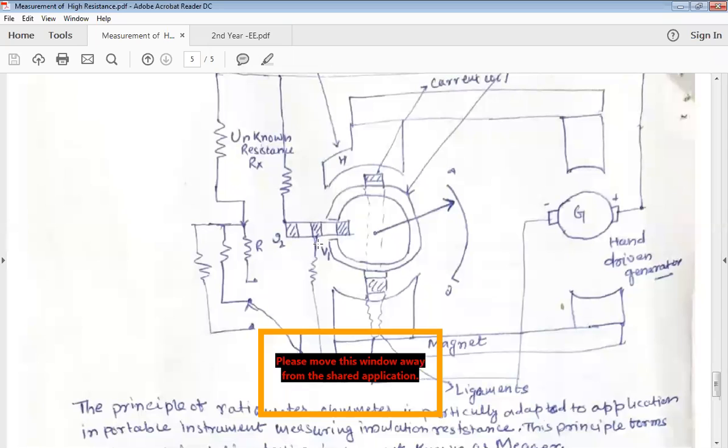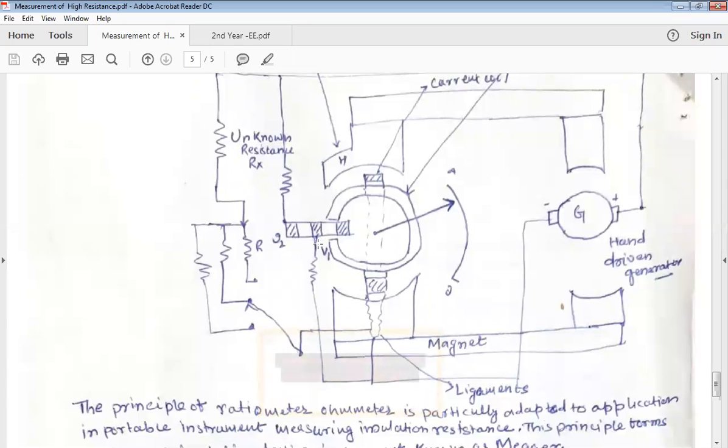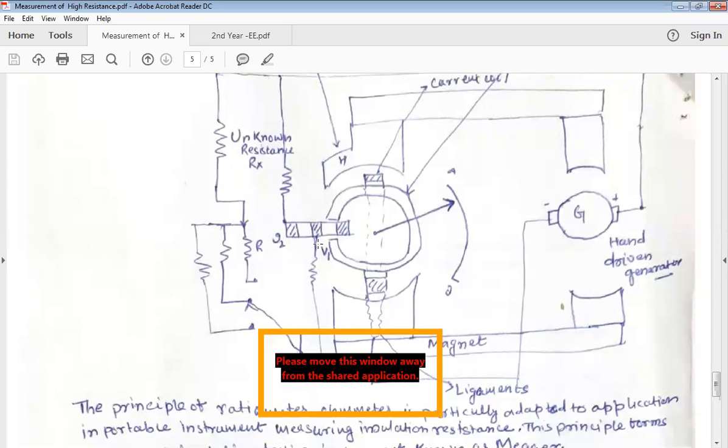That means low resistance ranges from 0 to 1 ohm, medium resistance from 1 ohm to 10 kilo ohm, or you can say up to 0.1 mega ohm, and high resistance ranges from 0.1 mega ohm up to infinity. Okay, and for the measurement of medium resistance, we are using different types of methods like the volt ampere method.